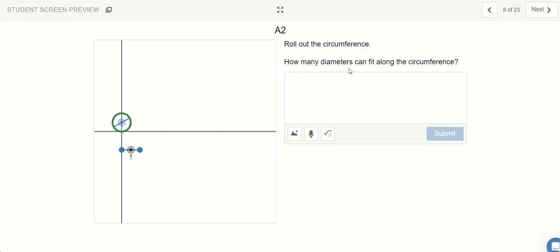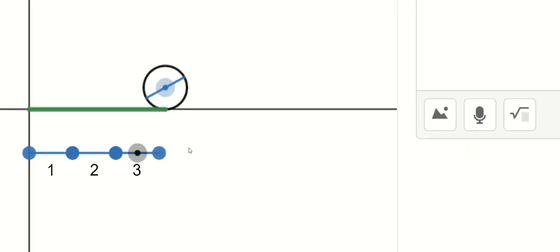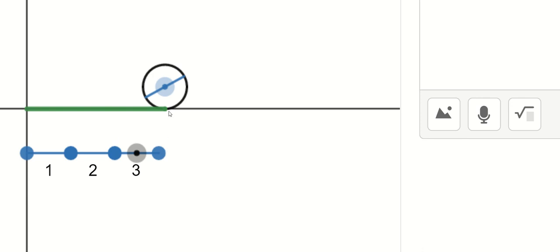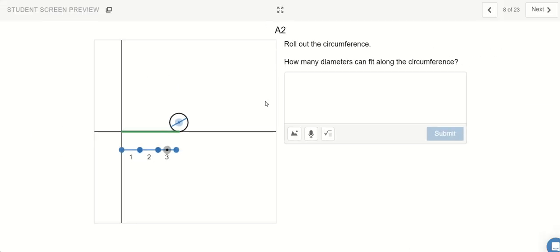So with that, how many diameters fill along the circumference? This blue line is the diameter. And if I roll this out, let's see, 1, 2, 3. If I zoom in a little bit, it looks like a little bit more than 3, right? So it looks like a little bit more than 3 diameters fit.